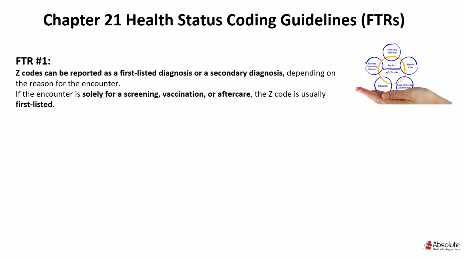Encounter for chemotherapy. The newborn code, that Z38. So that's two. What about you, coders? Can you think of any first listed Z codes? Think about screening codes. Yeah, the reason for the encounter.